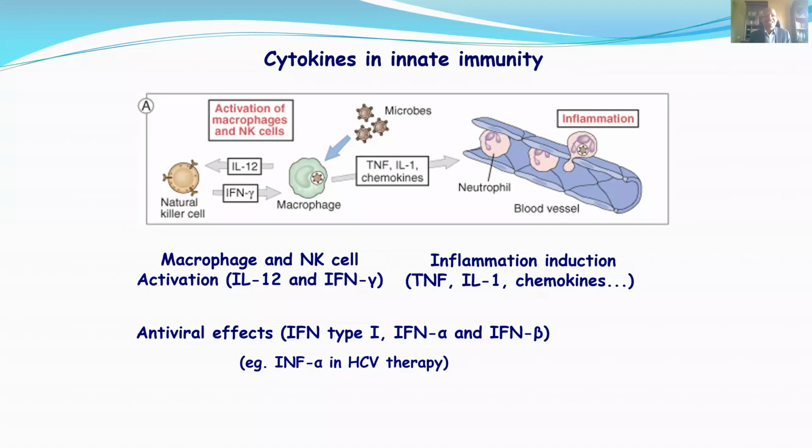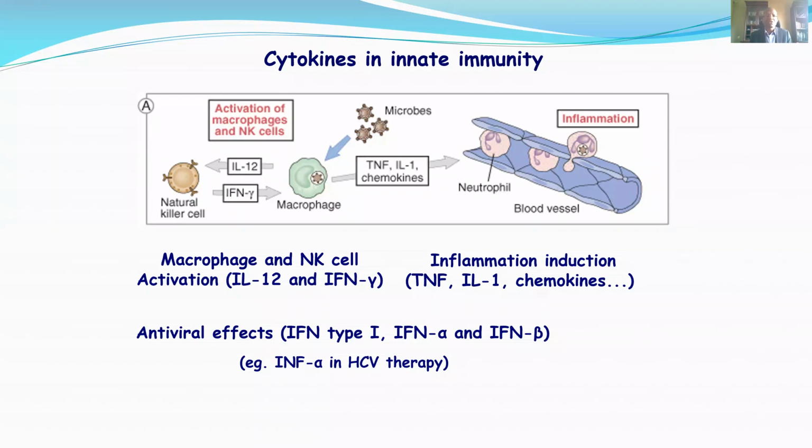So you can ask yourself then, what cytokines are we talking about? We'll be talking about interleukin 12 and interferon 1, tumor necrosis factor, chemokines, interleukin 1, and all that. And all these will be taught when we teach you about cytokines.